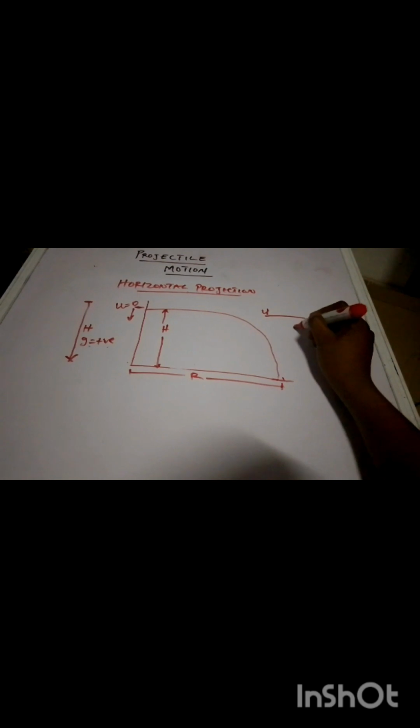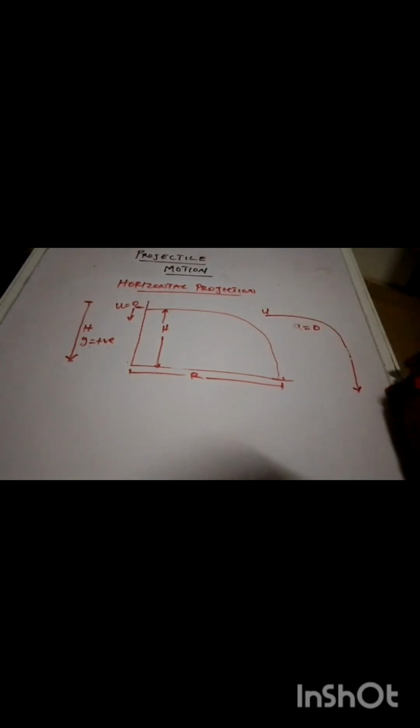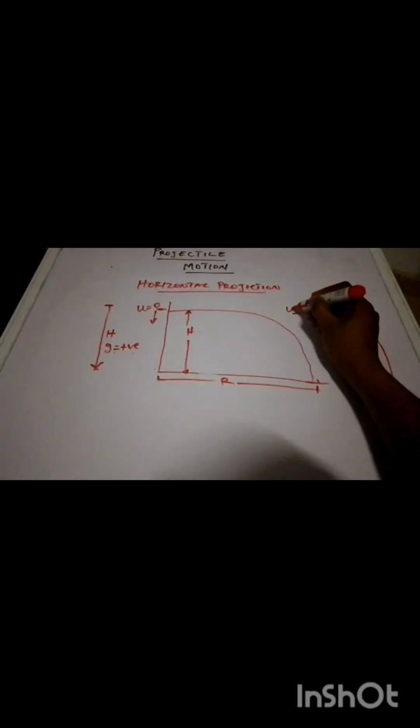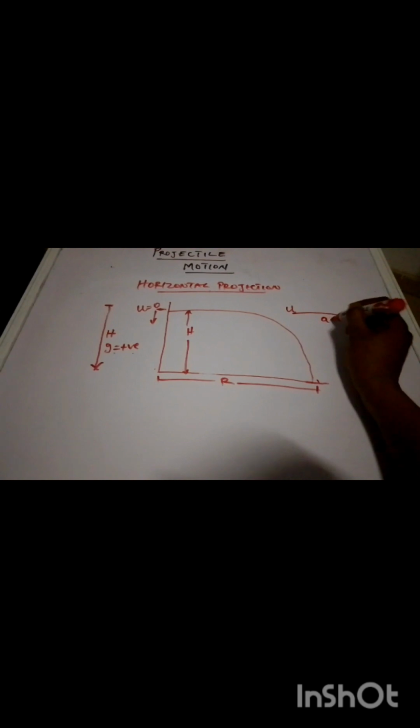Remember that as the object is projected horizontally, our acceleration is always 0. Don't forget that concept. In previous classes we explained that when an object is projected like this, we are going to have a horizontal component. So u is constant, telling us the acceleration is 0.